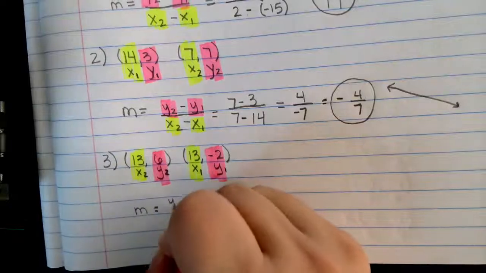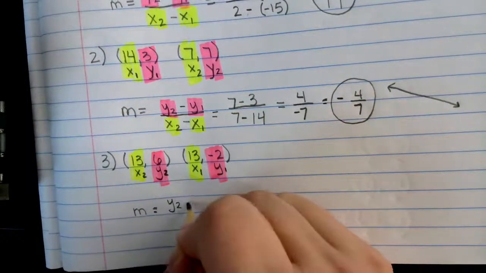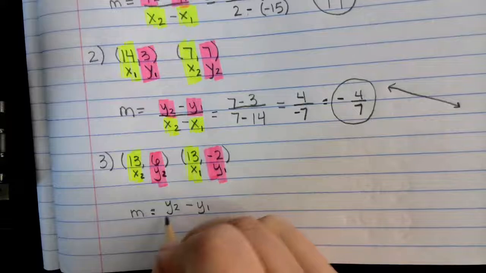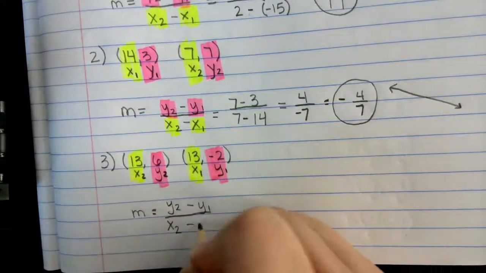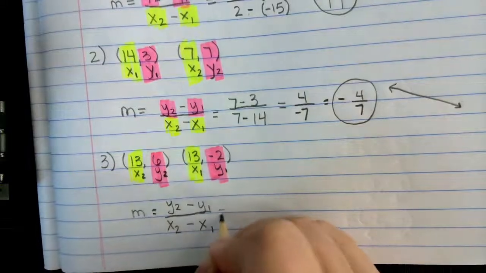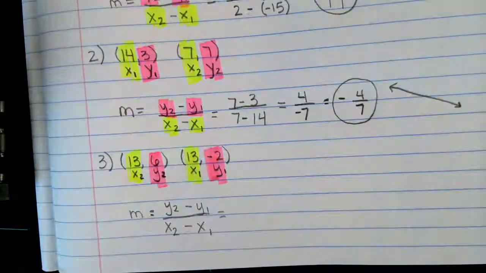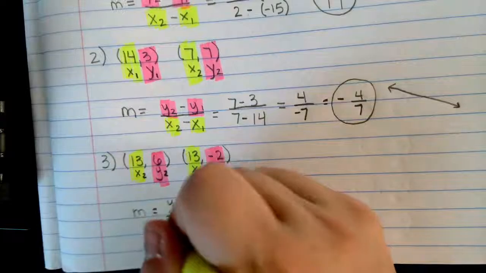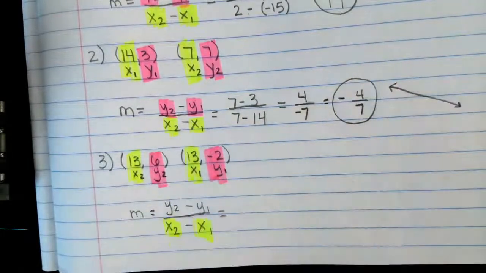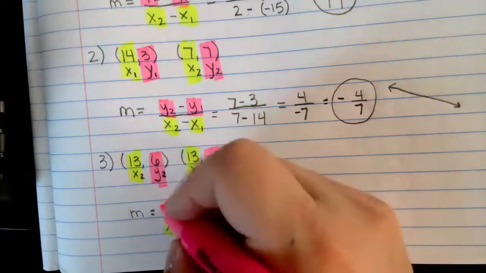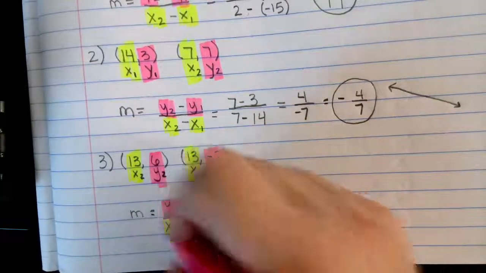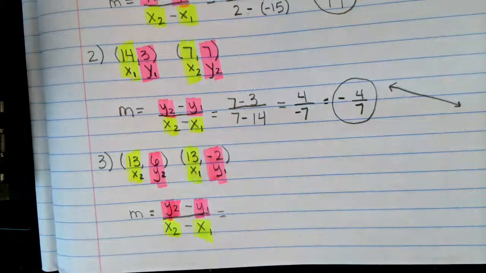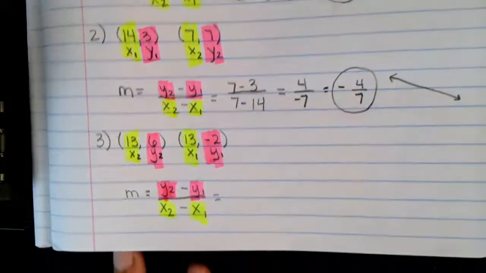We keep it exactly how it is. So we're still going to do y2 minus y1 over x2 minus x1. We're going to be getting formulas later this year, like the distance formula, midpoint formula, and quadratic formula. Whenever we get formulas, we don't want to change the actual formula itself.